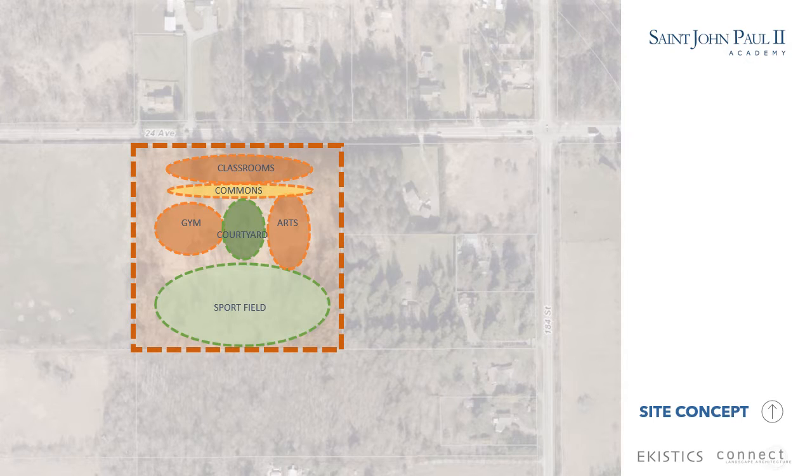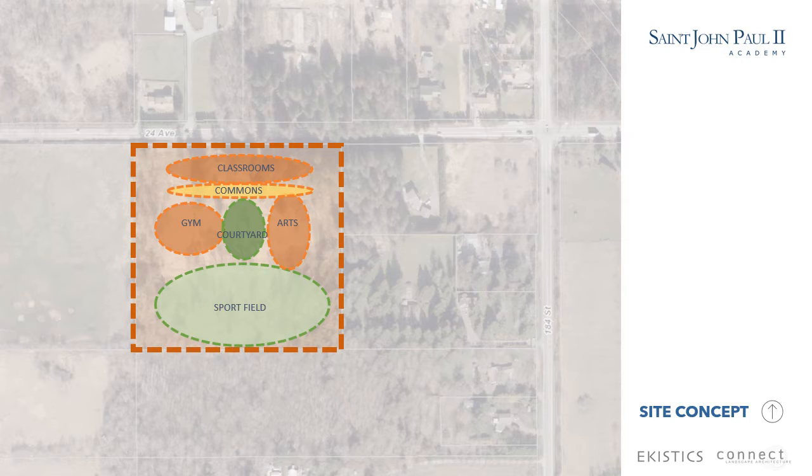This diagram shows how we began to lay out the programmatic elements of the school. When considering these various pieces, we also looked at solar orientation, the topography of the site, and how connections would be made to existing and future streets and sidewalks. The school itself is made up of three main wings.